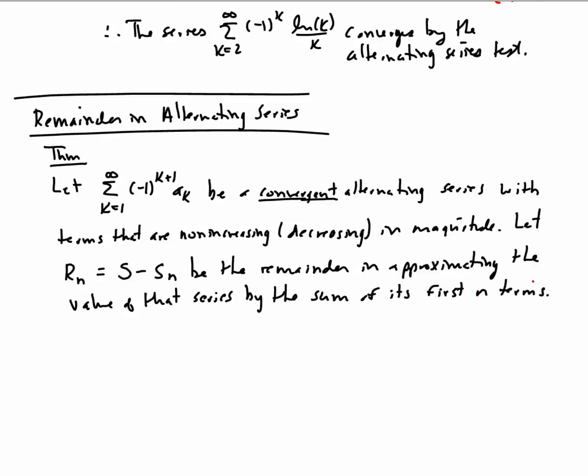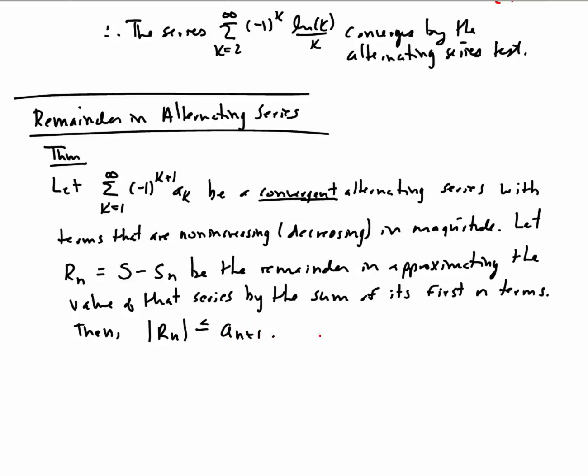Well, if we have all of this going on, then what we can say is that the magnitude of the remainder, that's the absolute value, it doesn't matter about the sign, will be less than or equal to the a sub 1 term.